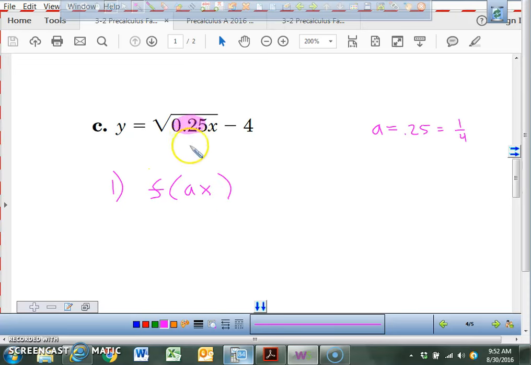And whenever the a value is right there on the inside of a radical sign or a parentheses or a bracket, if it's on the inside, we're dealing with what's known as a horizontal stretch or compression. So it's either going to be a horizontal compression or a horizontal stretch, and that all depends on what the a value is.